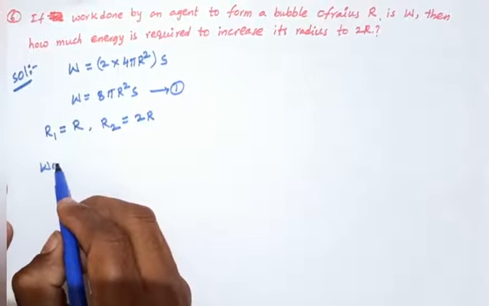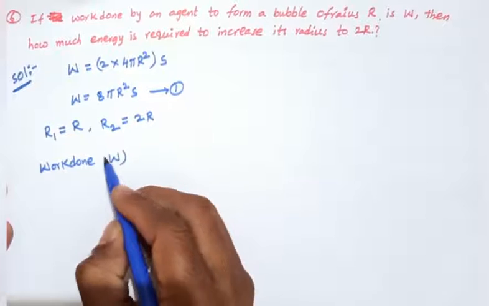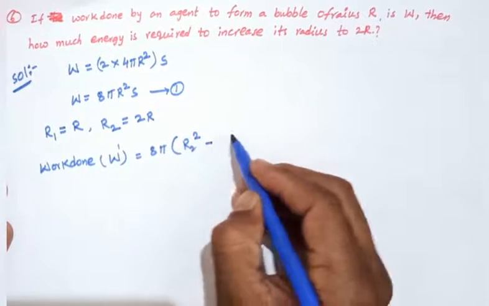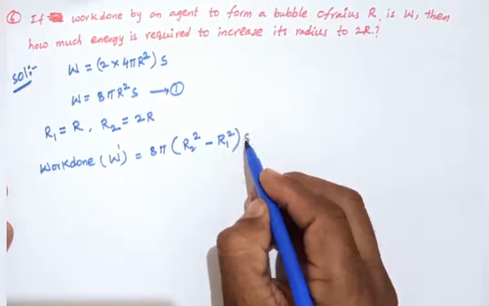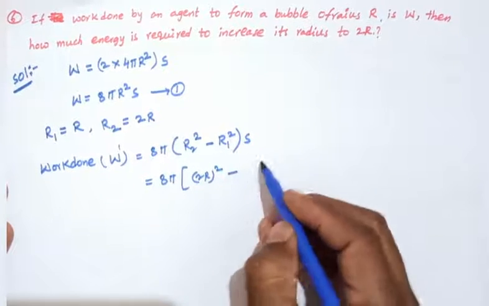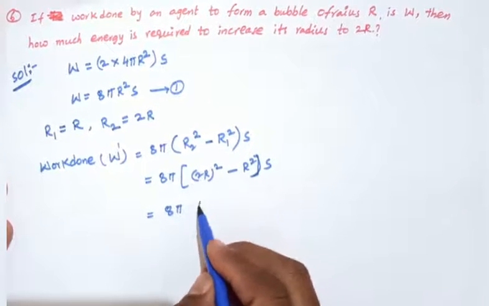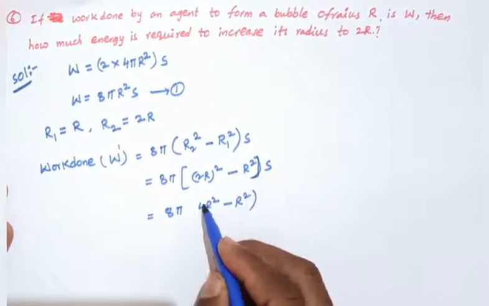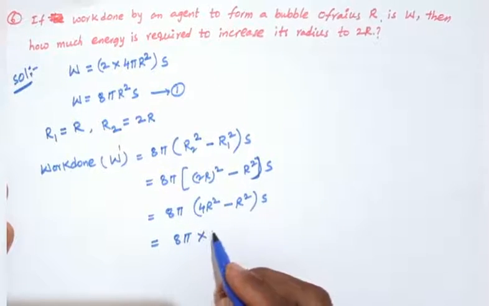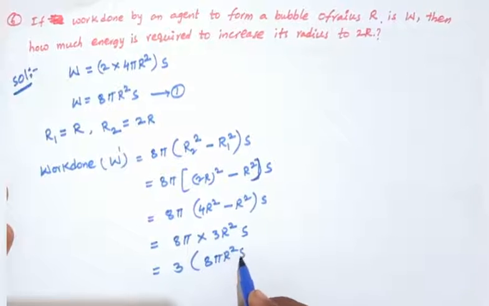Okay, the work done W dash equals 8 pi into R2 square minus R1 square into S. It equals 8 pi into 2R square, that is 4R square, minus R square, into S. Okay, 8 pi into 4R square minus R square equals 3R square into S. That equals 3 times 8 pi R square into S.